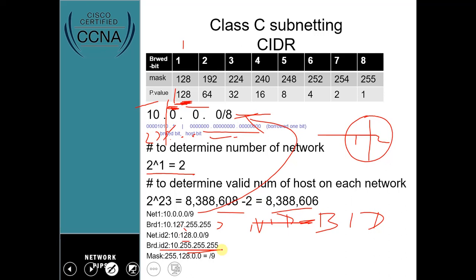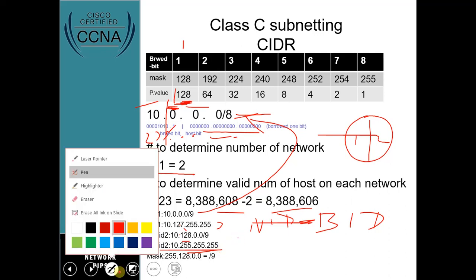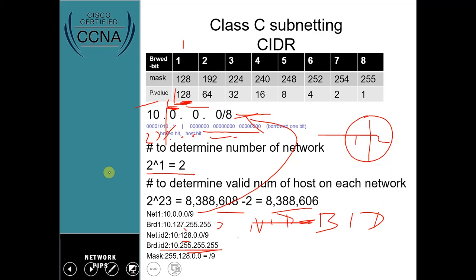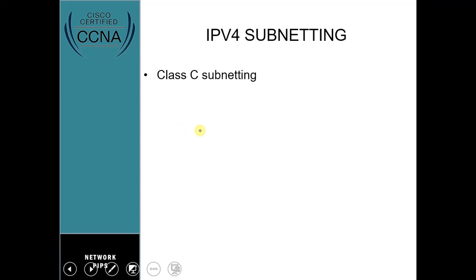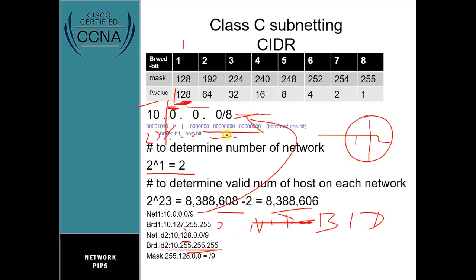So to find the subnet mask, it is going to be 255.128. How did I get 128? If you convert this octet that we borrowed from, it is now going to be 1 followed by 7 zeros like this.